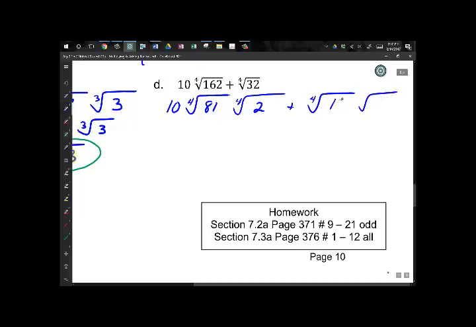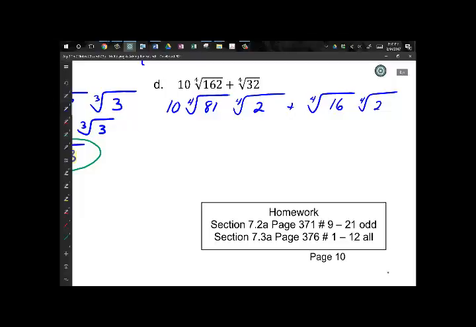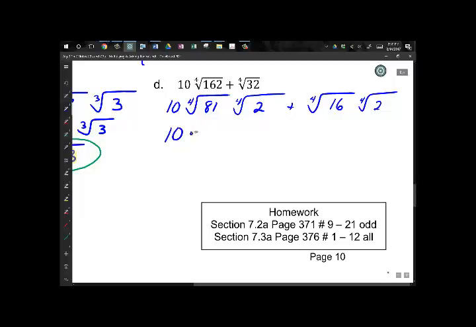Well, 16 is a perfect power of 4, with a 2 left over. Don't forget to put your little indexes of 4 on your roots. So we have 10 times 3, fourth root of 2, plus 2, fourth root of 2. That's 30, fourth root of 2, plus 2, fourth root of 2.